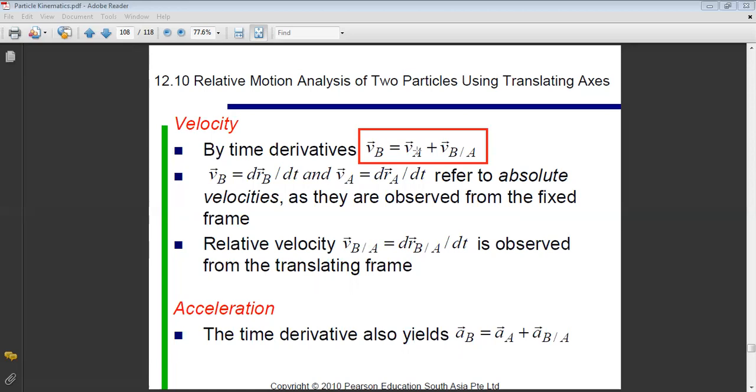VB and VA represent the absolute velocities. When I say absolute velocities, I mean that these velocities are measured with respect to a fixed frame.